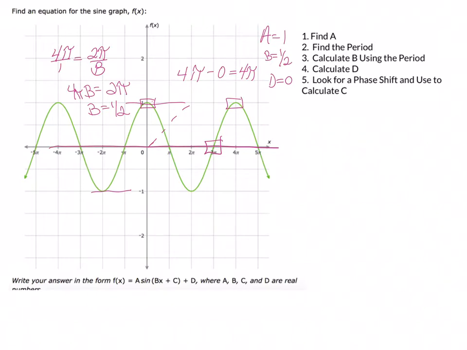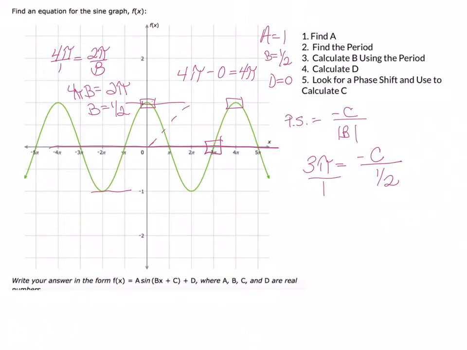So if I start with 3 pi, remember phase shift equals negative c over absolute value of b. We're going to say 3 pi equals negative c over absolute value of b, which is 1/2. So solve for c. This is going to be over 1. Cross multiply.